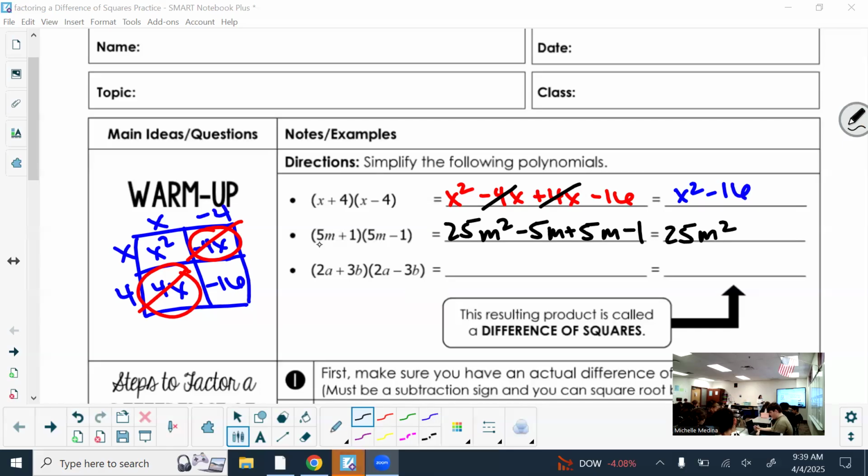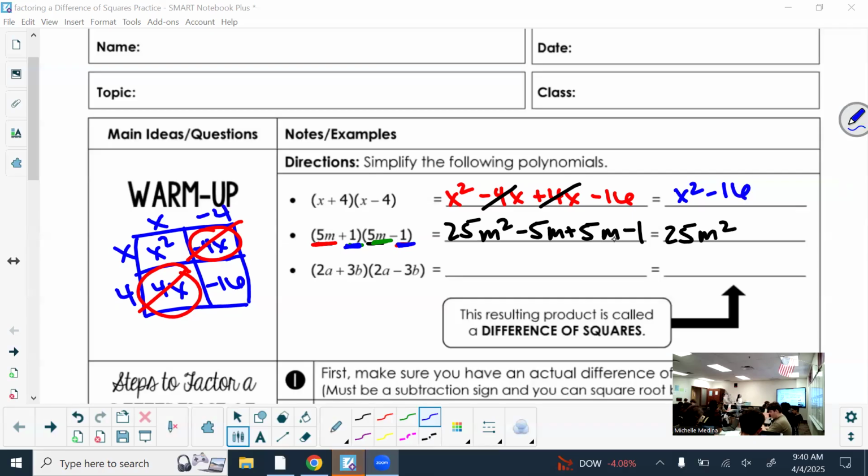So if you did the FOIL method, multiplying the first terms, 5m times 5m is 25m squared. Multiplying the outer terms, 5m times -1 is -5m. Inner terms, 1 times 5m is a positive 5m. And then our last term in each parentheses multiplied together, 1 times -1 is -1. And then combine like terms, that would be the -5m plus the 5m.